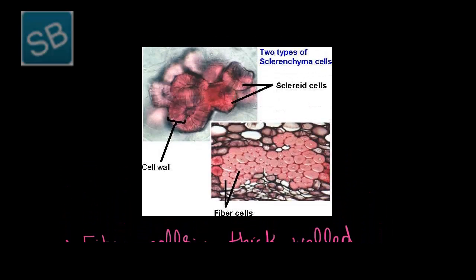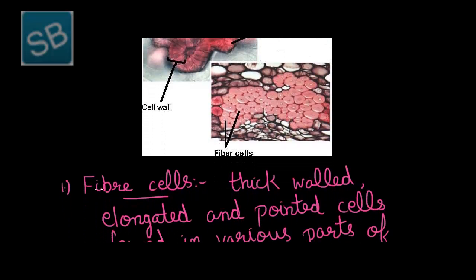These are the sclereid cells that are spherical dead cells possessing thick deposition. Apart from this, one more thing, these fiber cells can also be represented as fibre cells. So there is no need of any confusion because it can be either fiber or fibre, because both are one and the same.